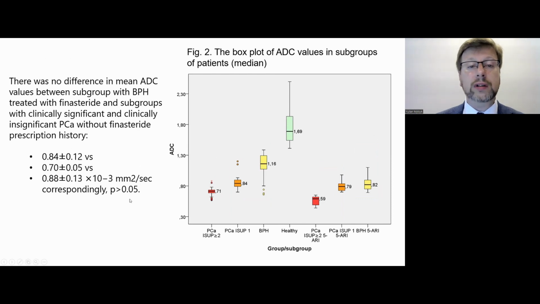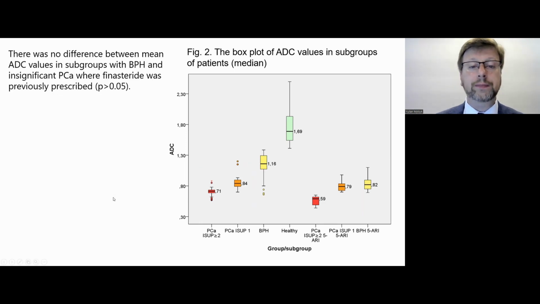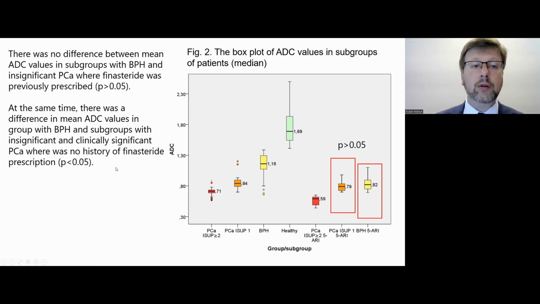There was no difference in mean ADC values between subgroups with BPH treated with finasteride and subgroups with clinically significant and clinically insignificant prostate cancer without a finasteride prescription history. Also, there was no difference between mean ADC values in subgroups with BPH and insignificant prostate cancer where finasteride was previously prescribed.